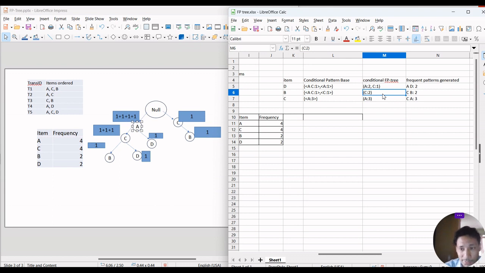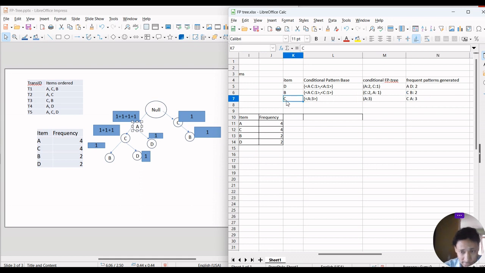So our conditional pattern for B is C 2 only, because we cannot include A, which has a count of 1. The pattern we can generate is CB only, because A doesn't occur twice here. C occurs in two different branches and B is seen in both, so we can generate the pattern CB, which is interesting.